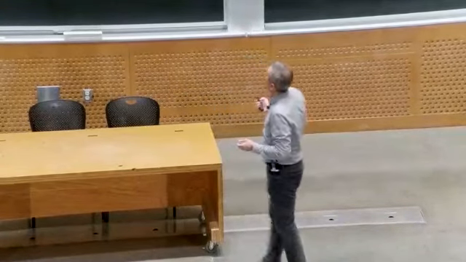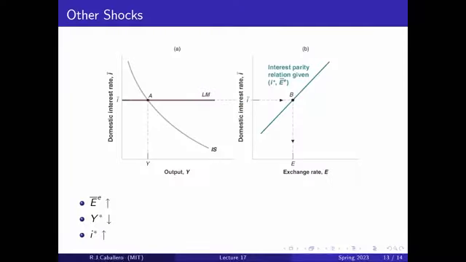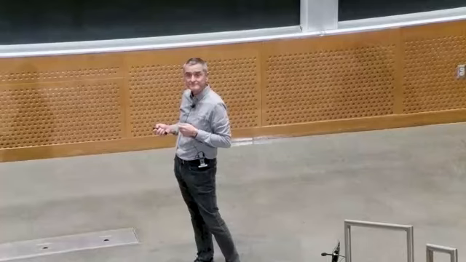That means this curve moves to the left, because I have to expect an appreciation to compensate for the interest rate differential. So this will move to the left. What about this curve here? We solve it in the next lecture.